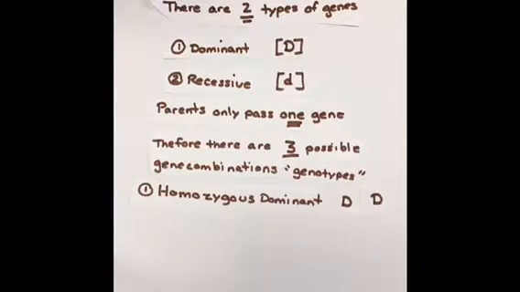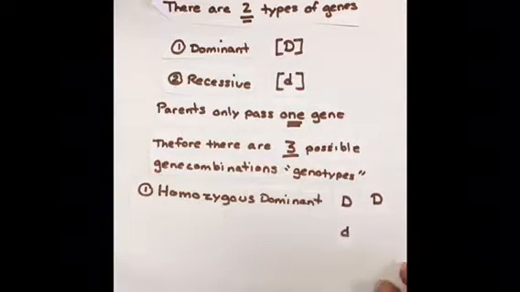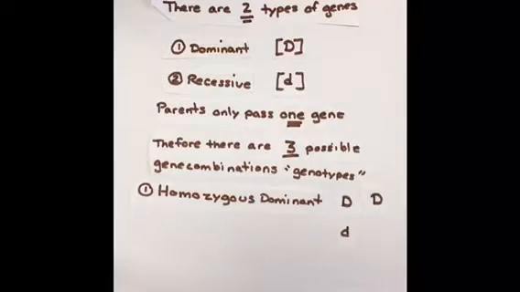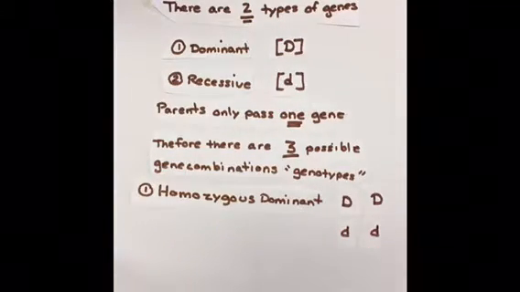Now, what if one parent gave you a recessive gene and the other parent also gave you a recessive gene? Because remember, we get one gene from one parent, we get the other gene from our other parent.